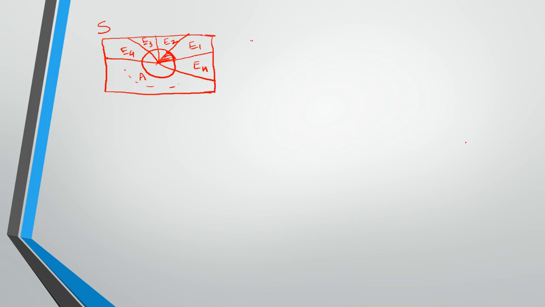If they are not intersecting, we say they are mutually exclusive events. Ei intersection Ej is phi, the null set. So these are mutually exclusive events.